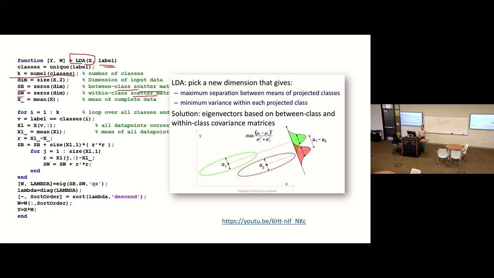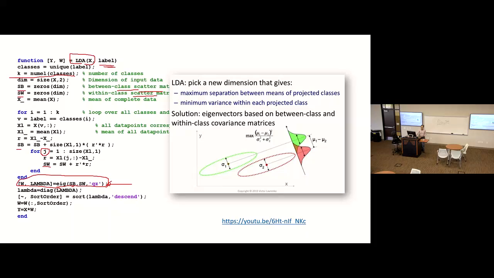Here you loop through all the variables, I believe. At the end, you compute these two matrices, then do the decomposition. This is called generalized decomposition or eigendecomposition.